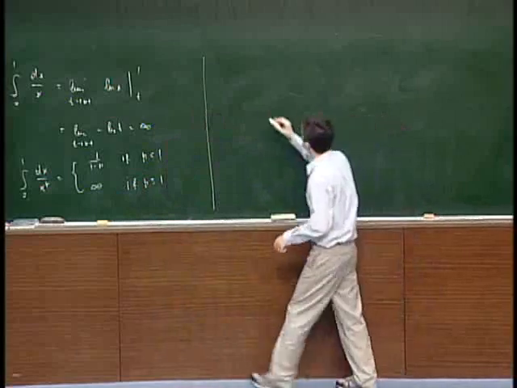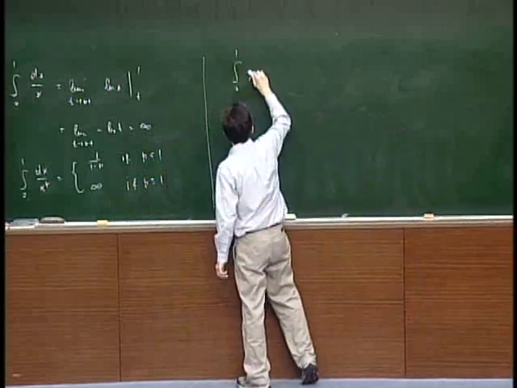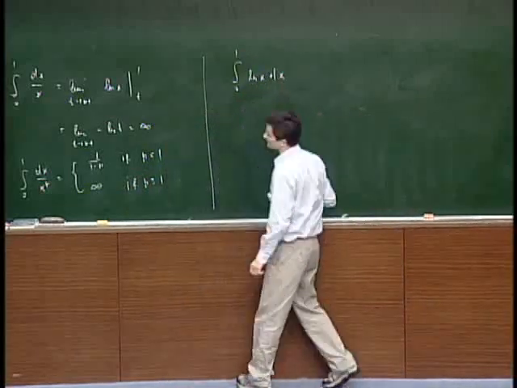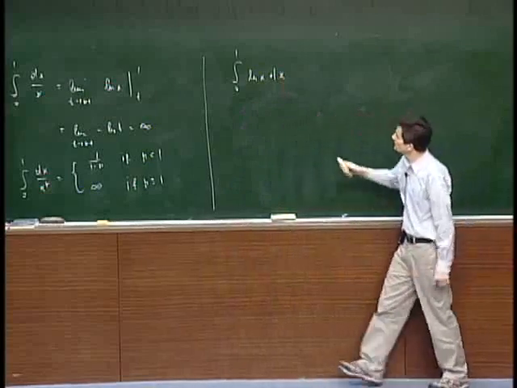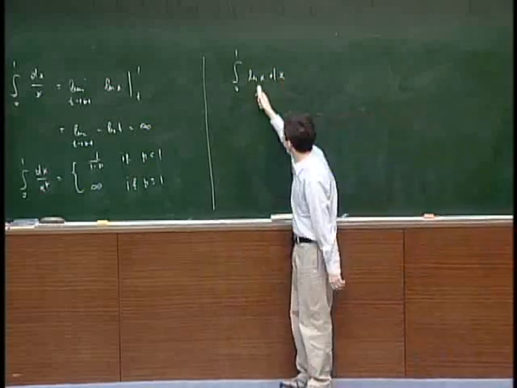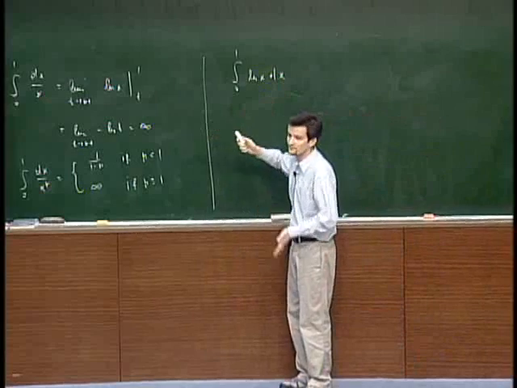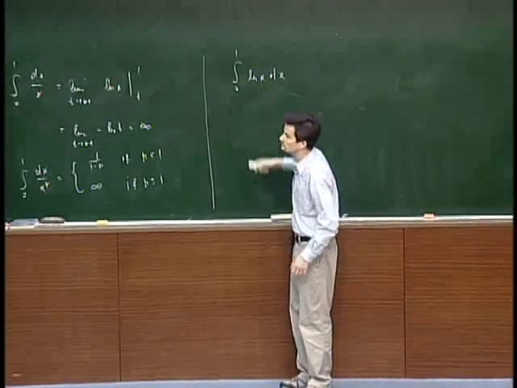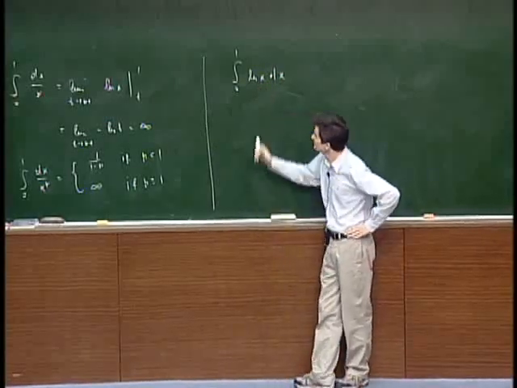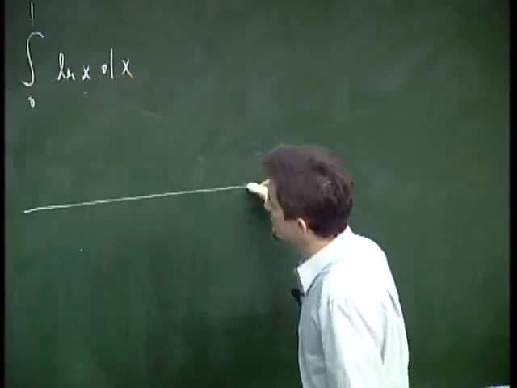Okay, so for instance, if you look at the integral from 0 to 1 of ln x dx, again you have to look at the speed with which this function approaches plus or minus infinity.